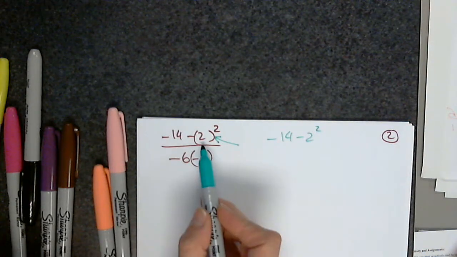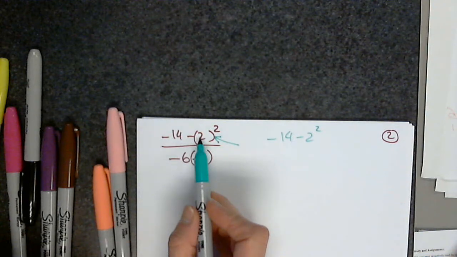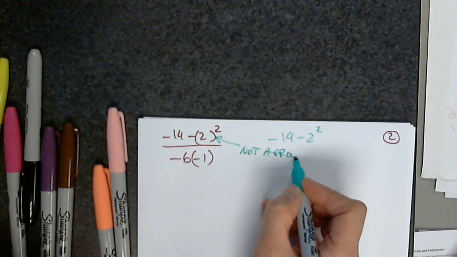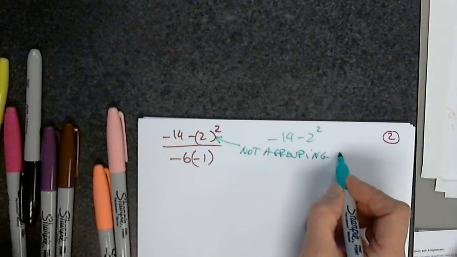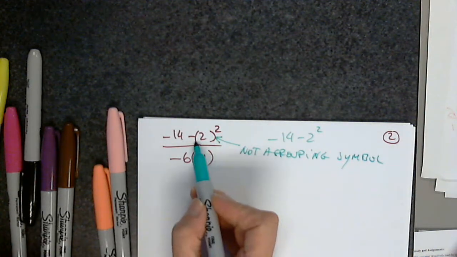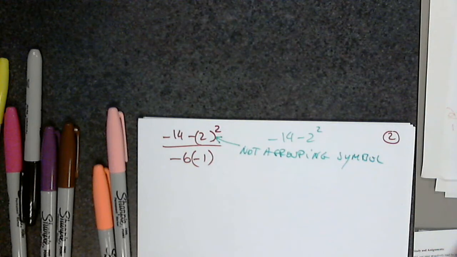There is no operation in there that I need to perform, and this number is not negative. So really, this is not a grouping symbol. It just shows you that you have to square 2, but since 2 is not a negative number, you don't really need to do anything. The parentheses will disappear.